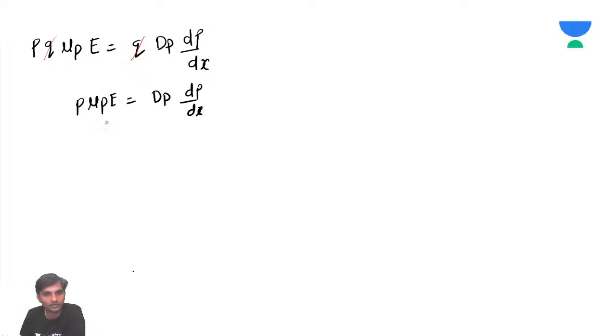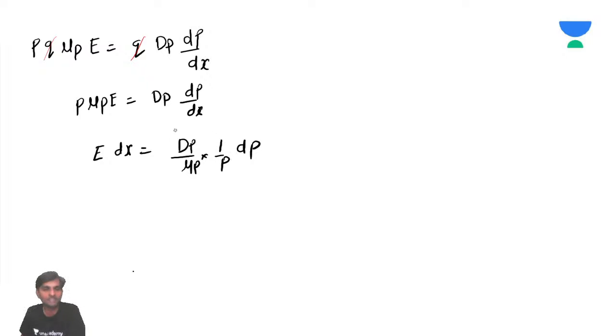So I want to bring dx to this side so that E dx is equal to D_p by mu_p into 1 by p dp.